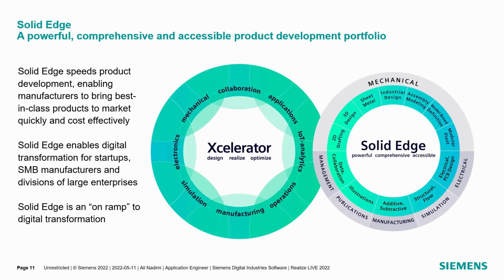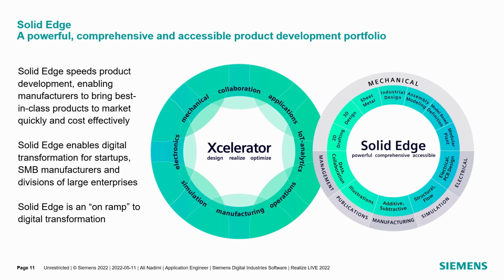Solid Edge is a key part of the Siemens Accelerator portfolio and is focused on the requirements of small and medium-sized manufacturers. Solid Edge enables manufacturers to create a comprehensive digital twin of their products and includes solutions for mechanical design, electrical design, simulation, manufacturing, and technical publications.